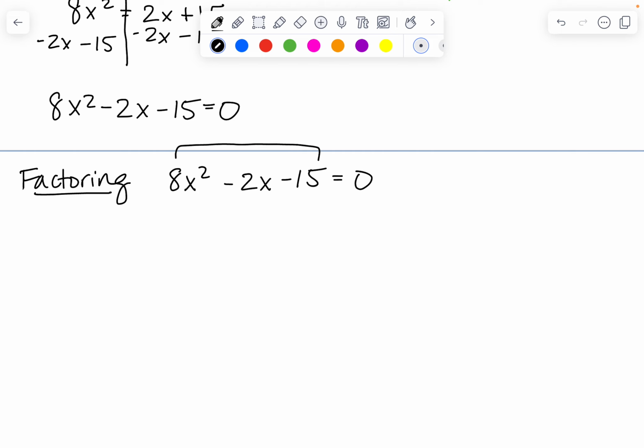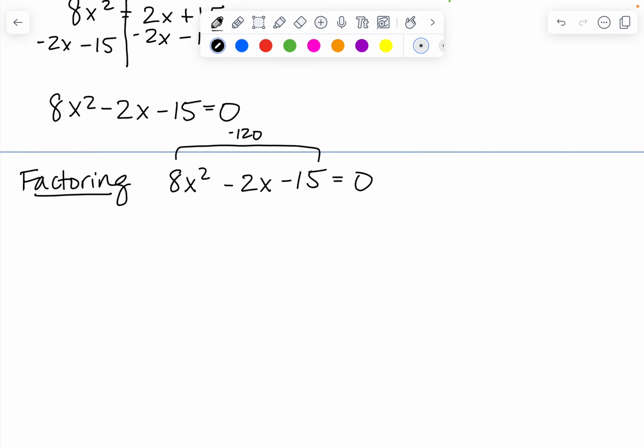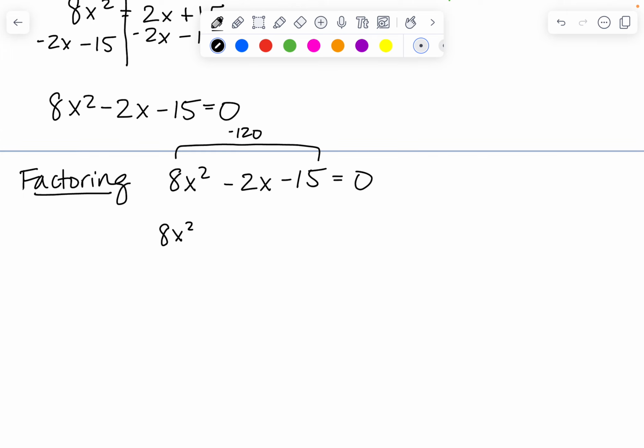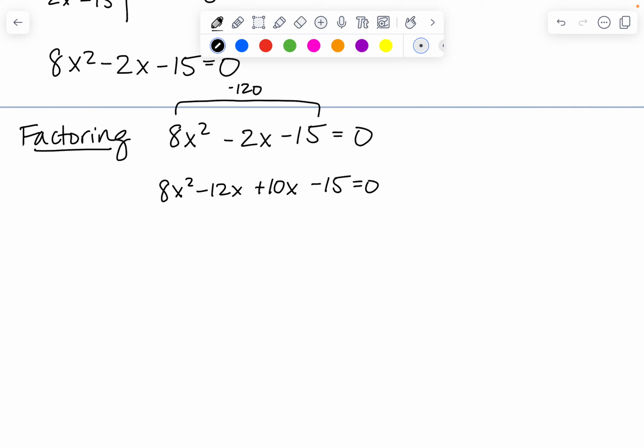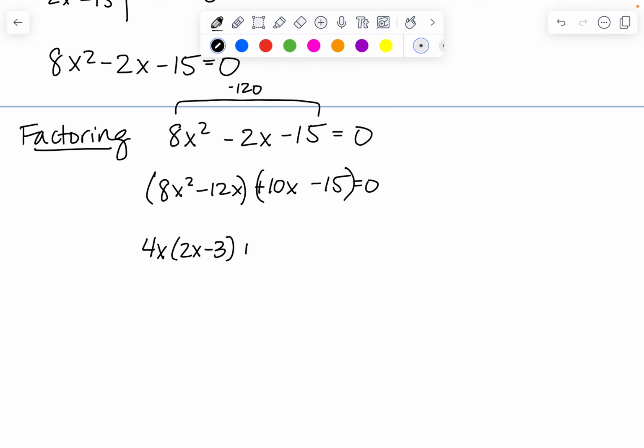I need two numbers that multiply to negative 120 and add to negative 2. And those numbers are going to be negative 12x and 10x. Now I'm going to group them. I can take out a 4x from the first group, and I can take out a 5 from the second group.